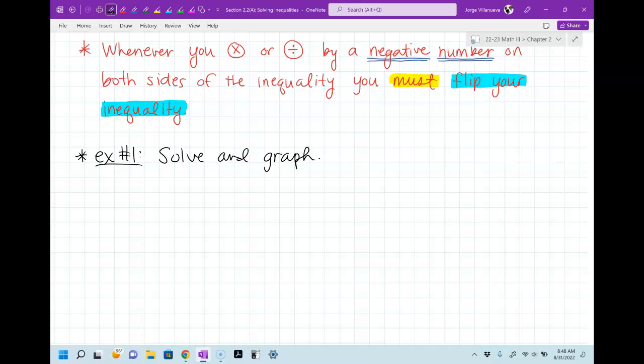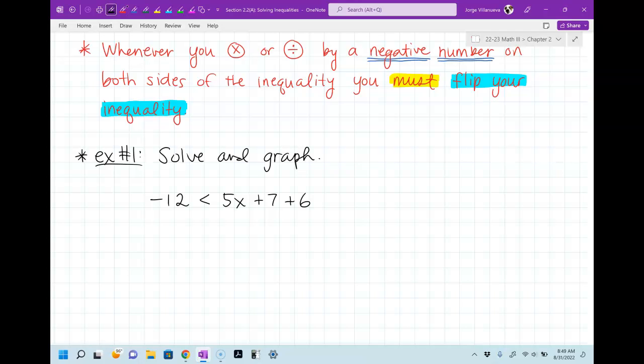Okay, so here we go. Negative 12 is less than 5x plus 7 plus 6. All right, so we're just going to solve this.